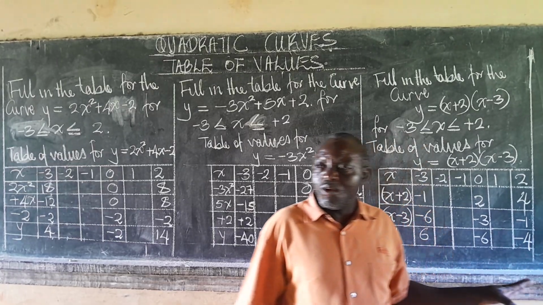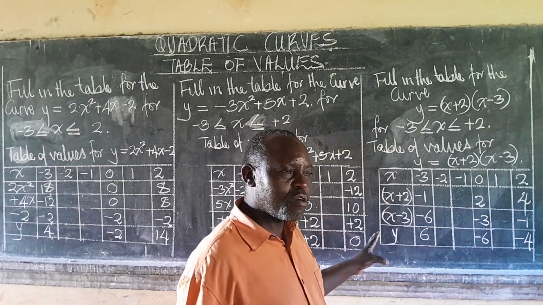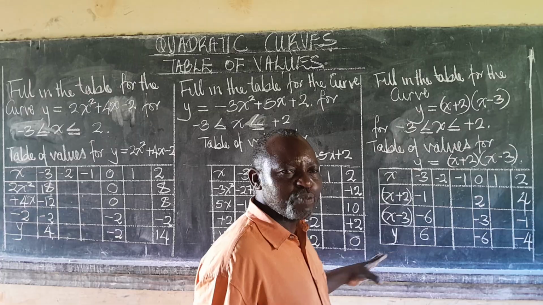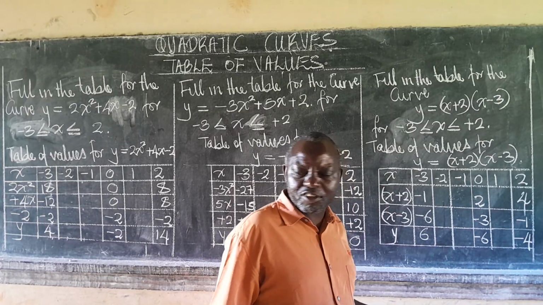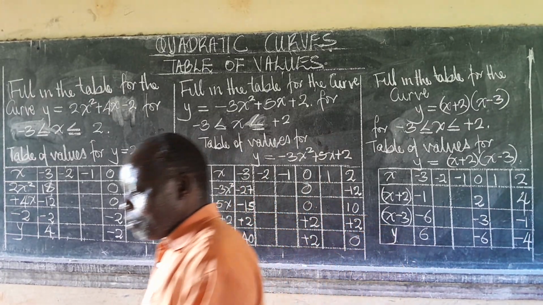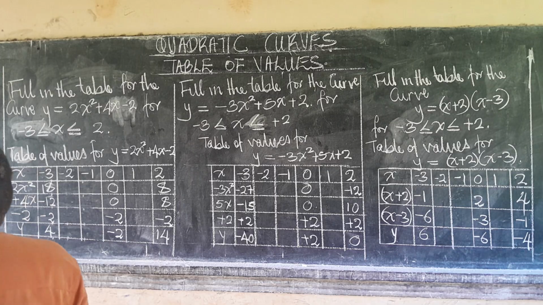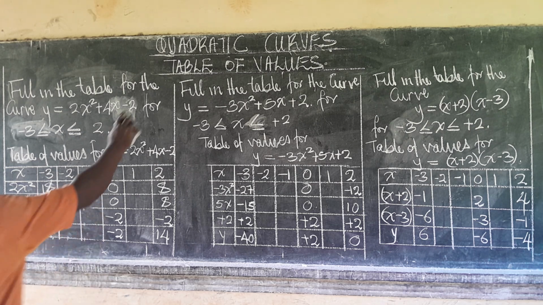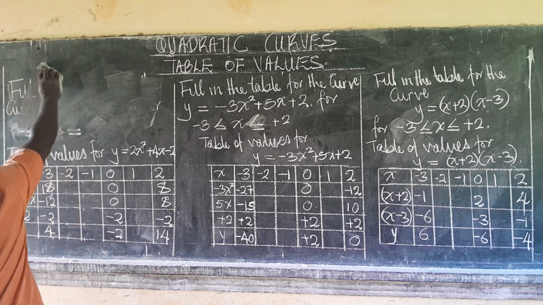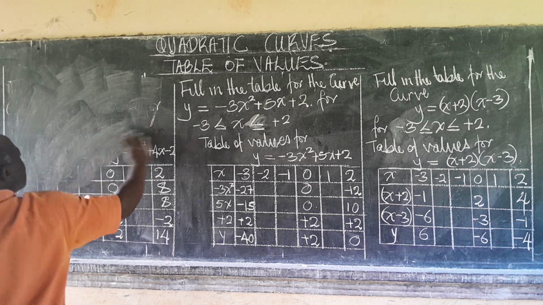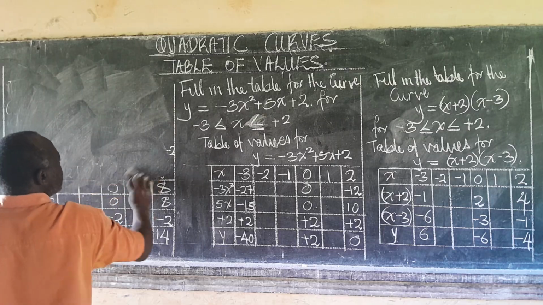One may wonder, why are we laboring to get these ones? Because there is no way you can sketch a curve unless you know the values of x and the values of y. Therefore, what I'm requesting you to do is, I'm giving you numbers here and you will try them. Never forget that mathematics is for all, because we are all faced with problems.